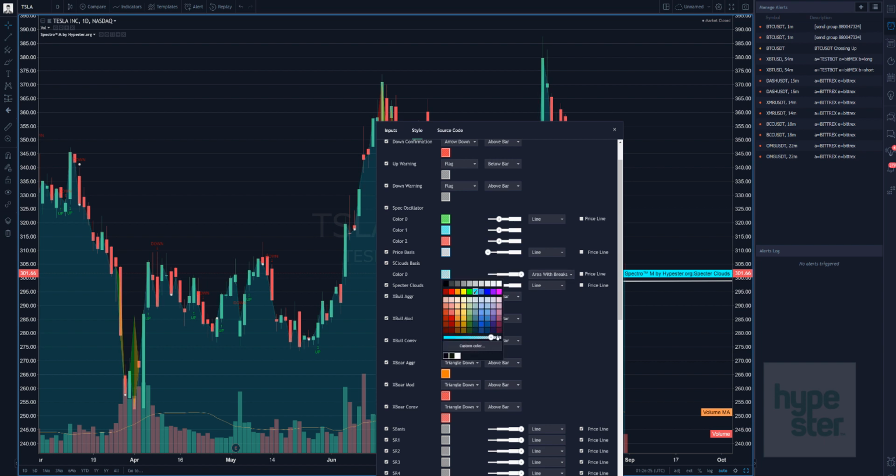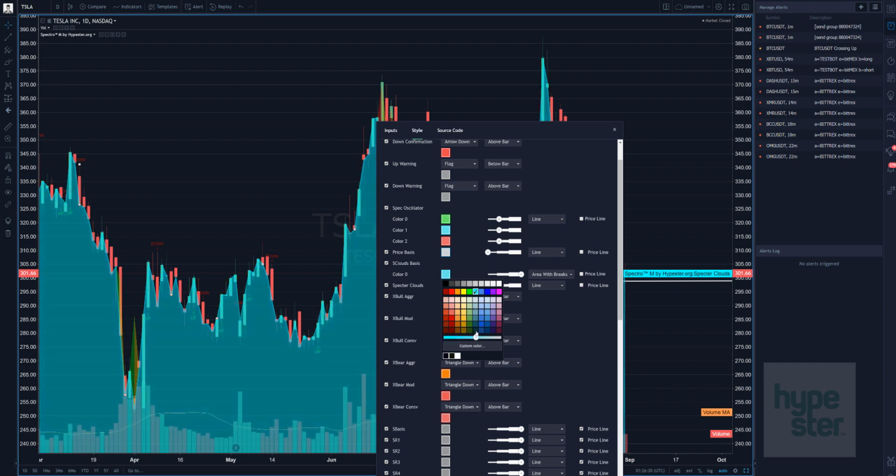What's that? Well, let's change the. Oh, you see what the basis is? The basis is this big blue area. I know it, but I'm just trying to teach you, okay? So you see there's a line, a border. You see here? And then you have the Spectre clouds.